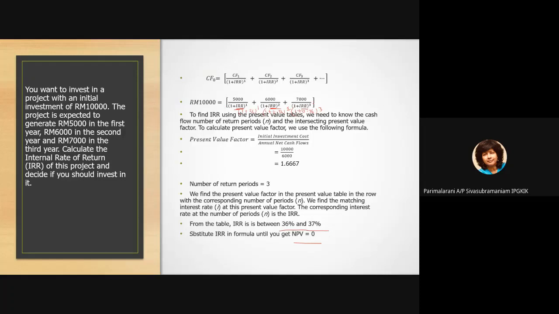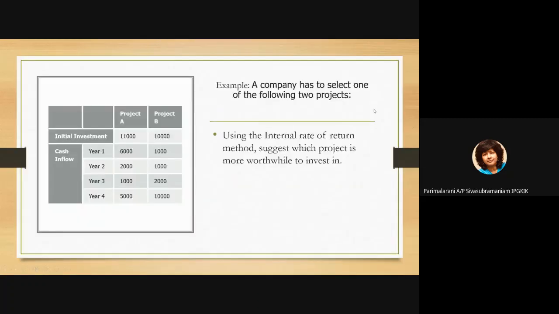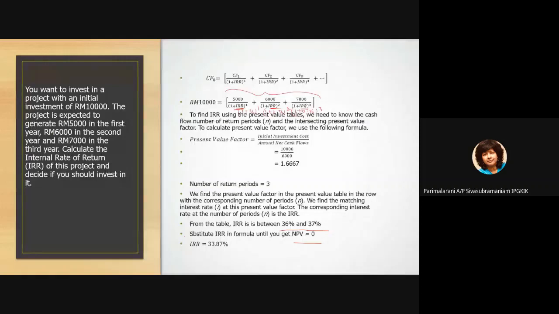And you calculate and see if your right hand side and the left hand side are the same. The whole thing must give you 10,000. If you don't get it, then you look at the value and you increase or decrease until you find the answer. Sorry. So your IRR is 33.87. This is the answer. Can you understand that?